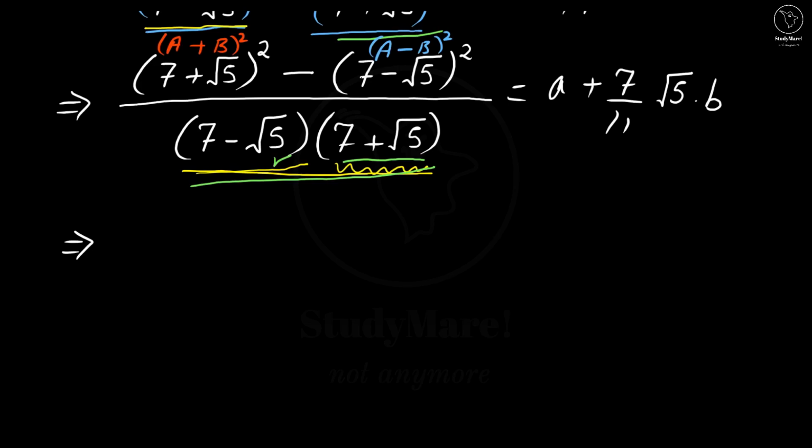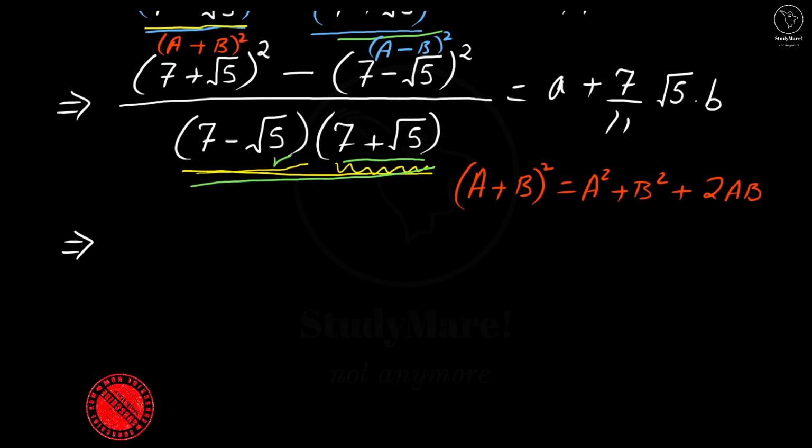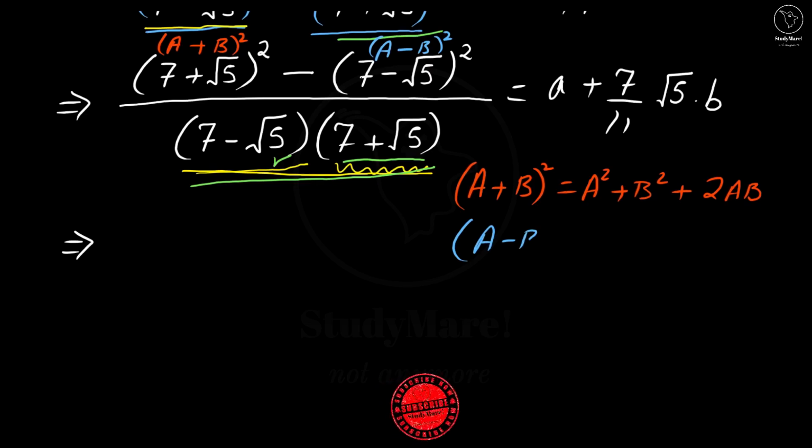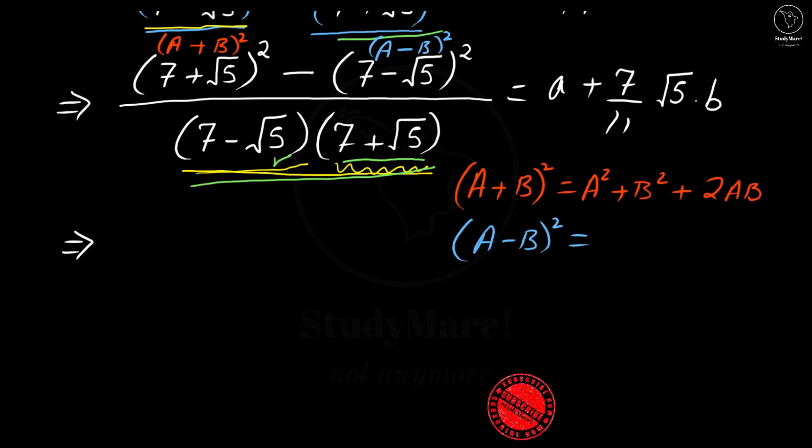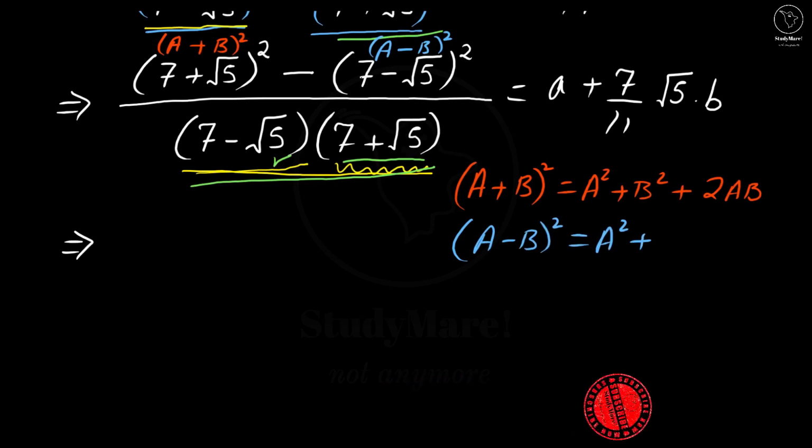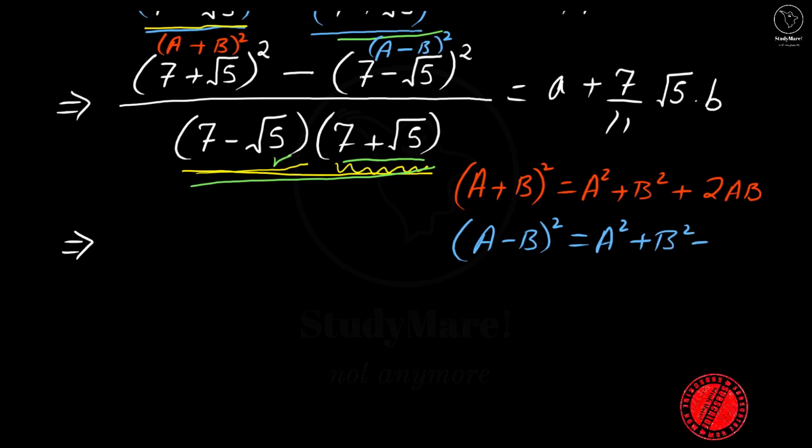Remember the expansion or the identities. (a plus b) whole square is equal to a square plus b square plus 2ab. We can use this identity to expand this. On the other hand, we have (a minus b) whole square, and the expansion of (a minus b) whole square is equal to a square plus b square minus 2ab.